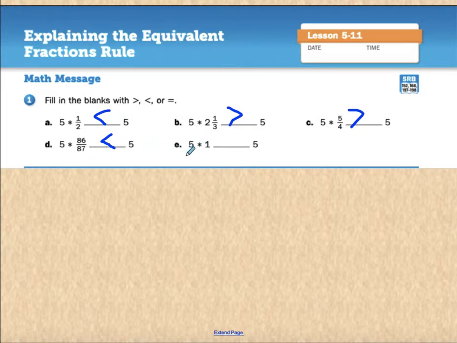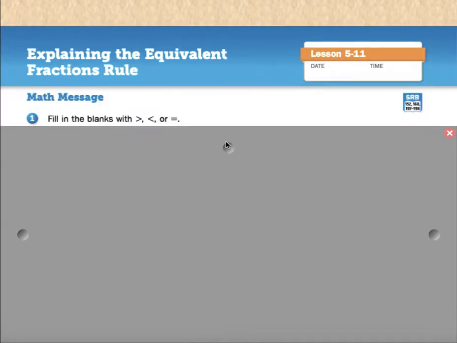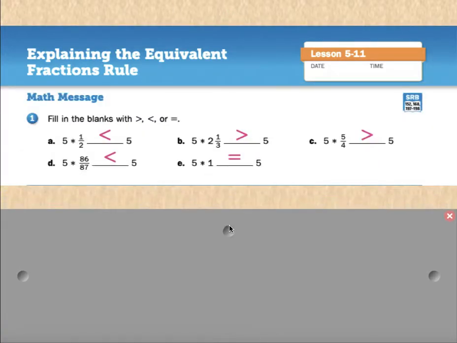And letter E, we have 5 times 1, and that should make you think, oh, that's 5, so that's equal to 5. Let's check our work and make sure that's the same thing. So far, so good.